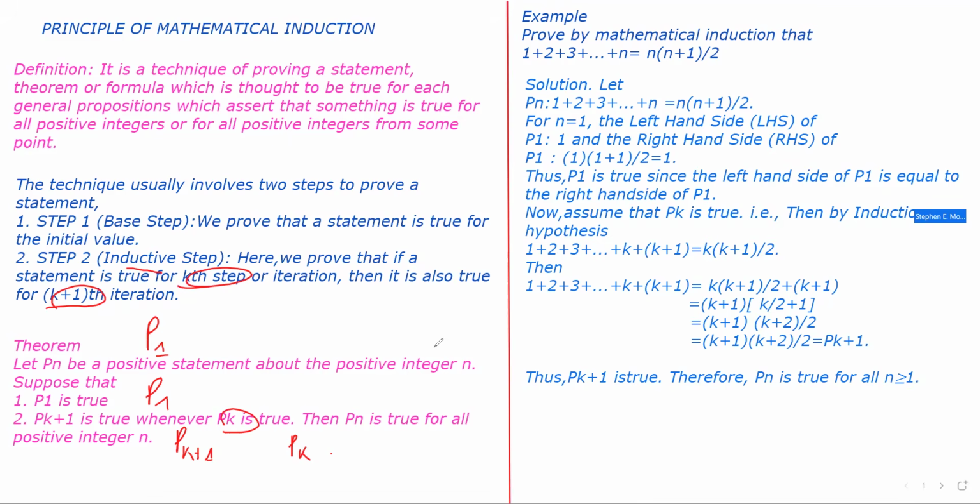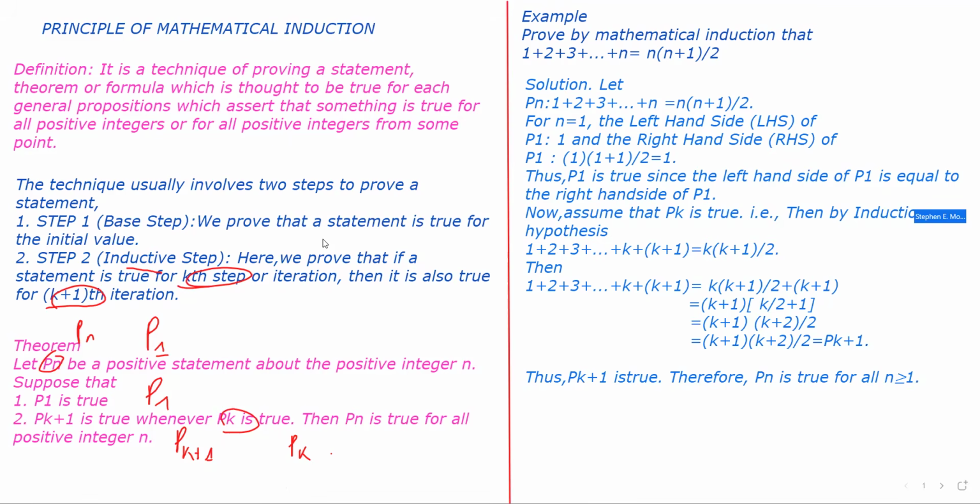So this is a statement of fact: if you take a Pn, then you can test for P1, and then you can assume that if Pk is true, then Pk plus 1 will also be true.